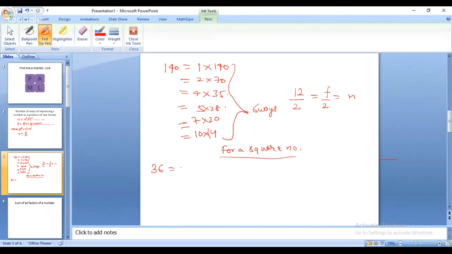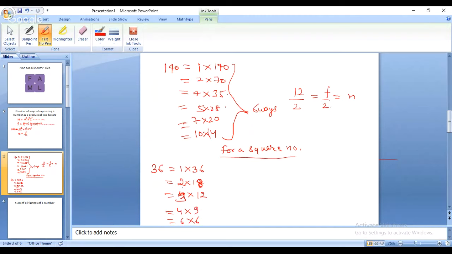How many ways can we write this number as a product of factors? 4 into 9, 3 into 12, 2 into 18, and 6 into 6. That's it. The numbers will repeat from there.